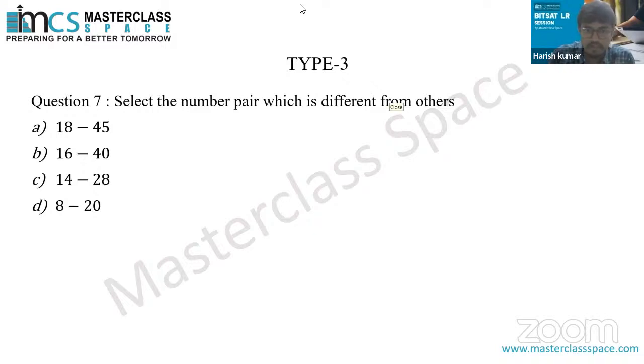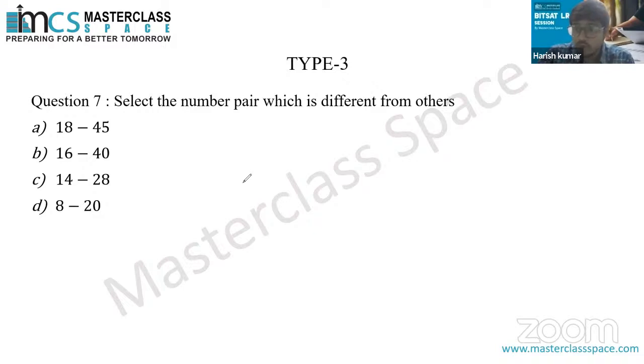Okay, fine. So Dhanshu, your answer is C. Okay, Pramay, your answer is C. Bhavnit, your answer is C. Okay, I think most of you got C, right? So select the number pair which is C, guys.